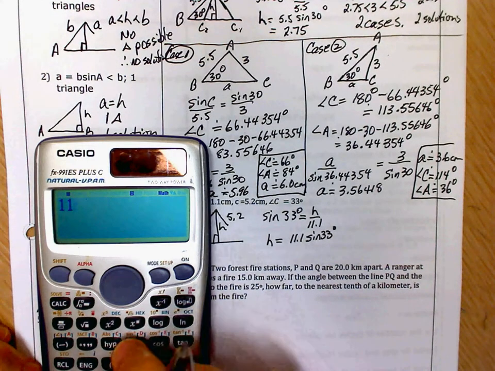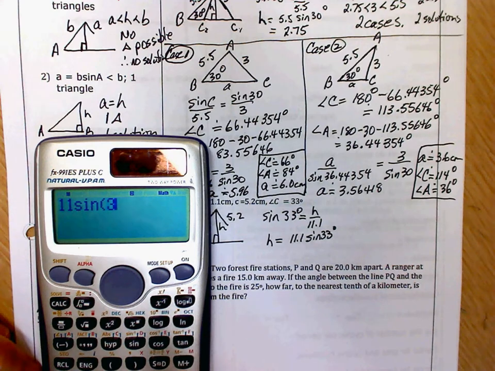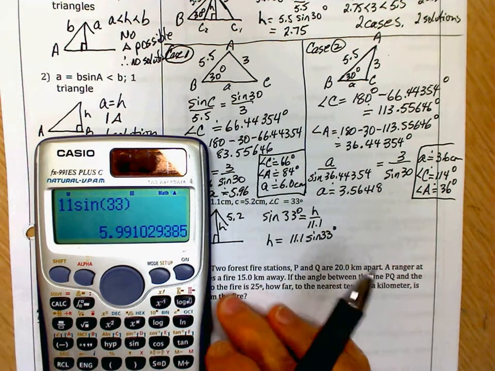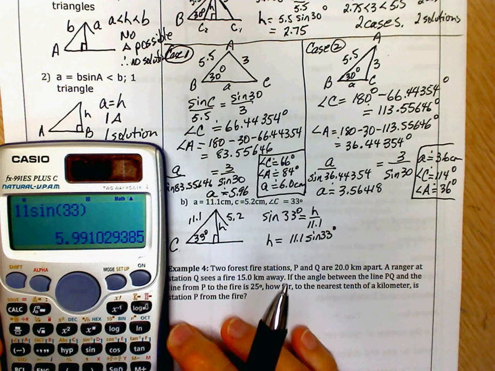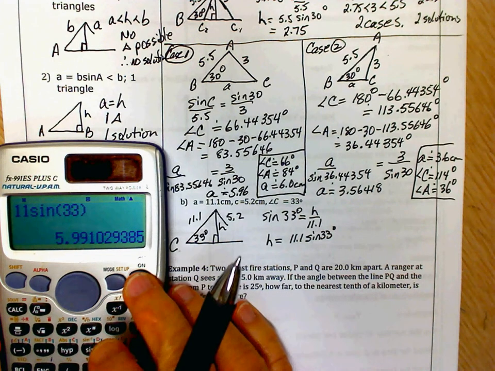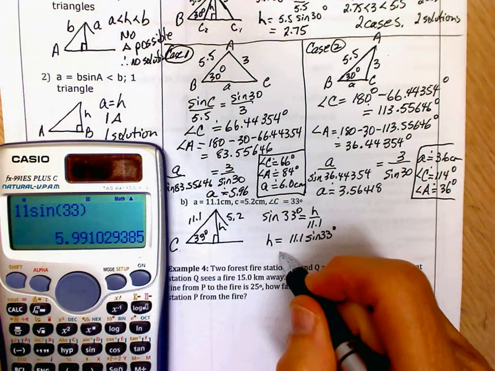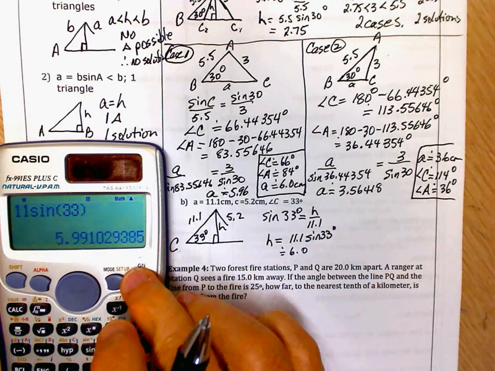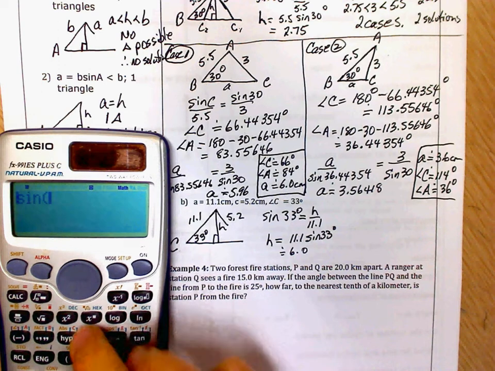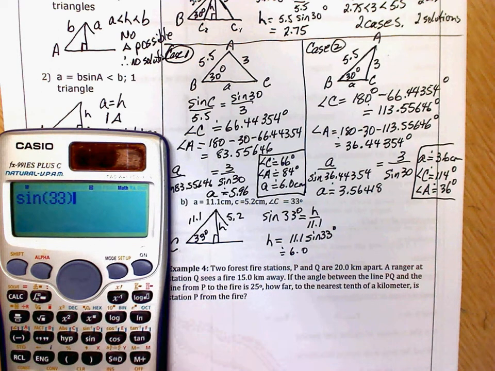I get approximately 6. Okay, I'm just going to check that. Sine of 33, close bracket, equals that, times 11.1 equals, it's about 6.0.